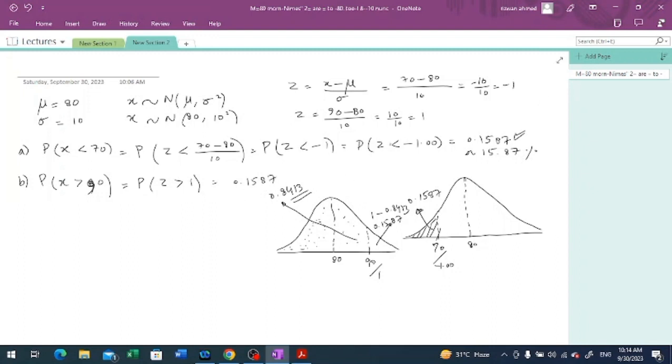Over here, coincidentally, the answers of the two parts come out the same because symmetry is involved in the z curve. -1 from the central value of 0 is located at the same distance as +1.